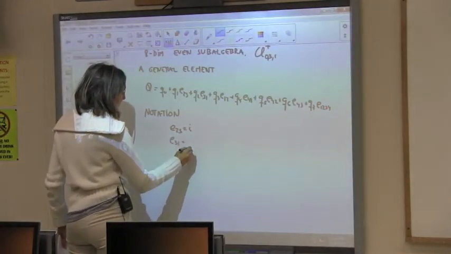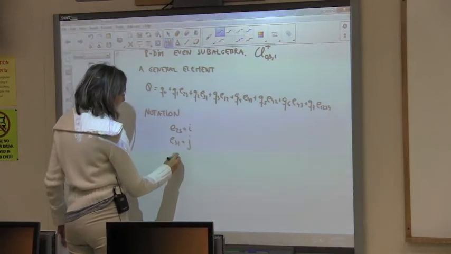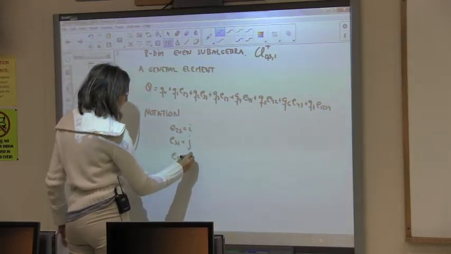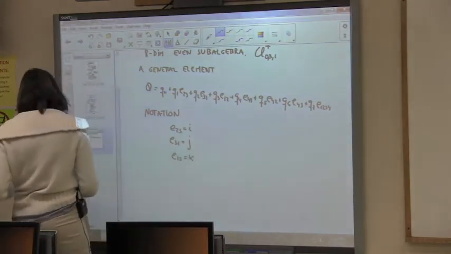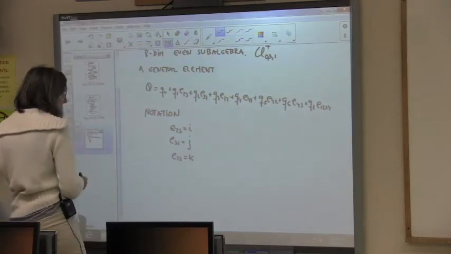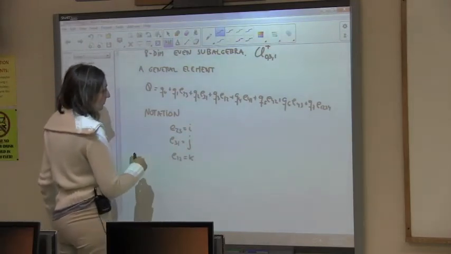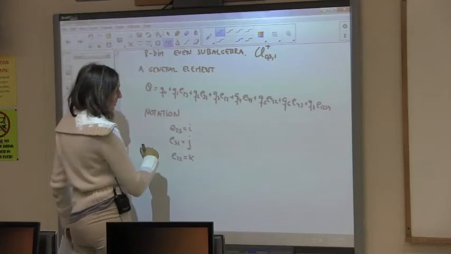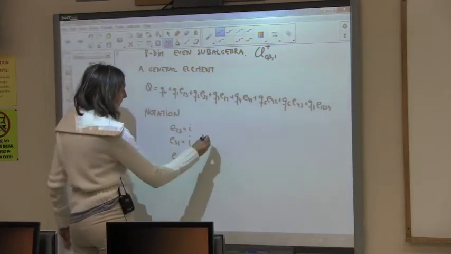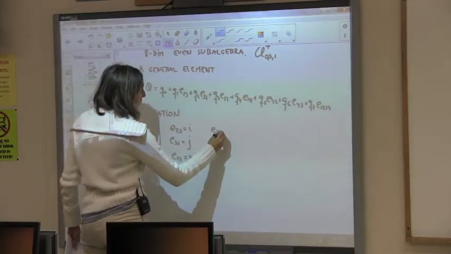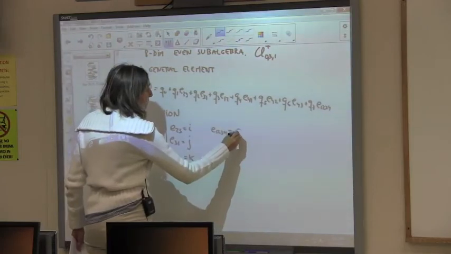E31 is going to be J. E12 is going to be K. And then E1234 is going to be epsilon.